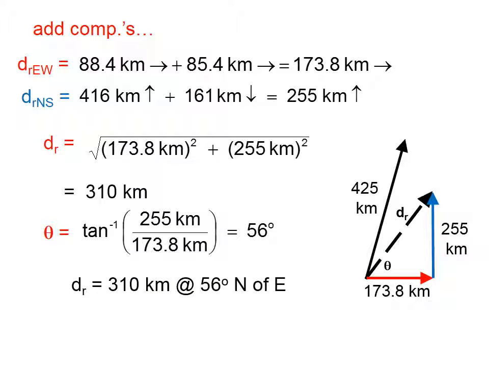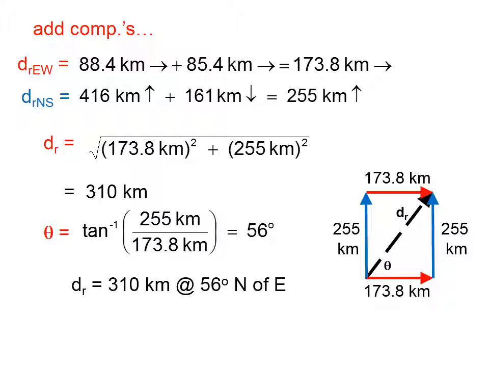We're now going to show you that, remember on the previous slide, we drew these out graphically, and there was our resultant. Look at that, just like we were expecting. Now, it doesn't matter that we drew the 173.8 vector first and then the 255. If we had drawn the 255 first, that's fine.